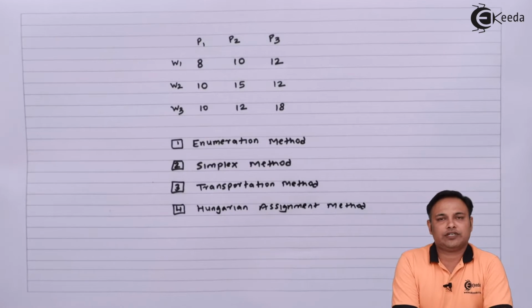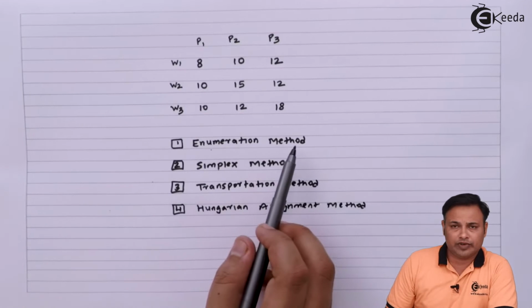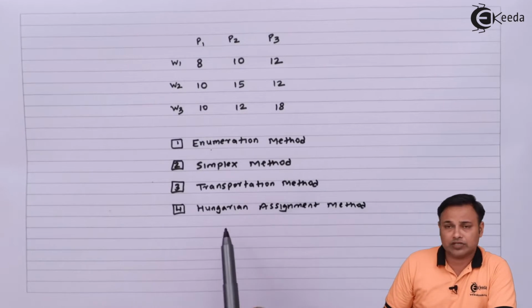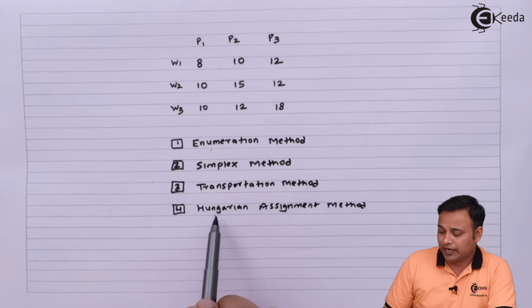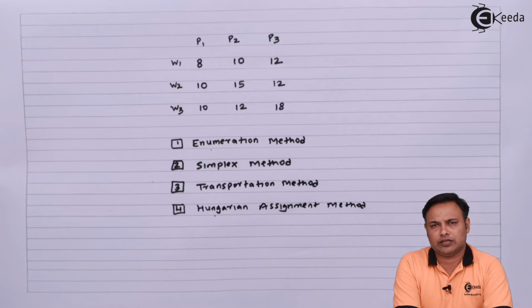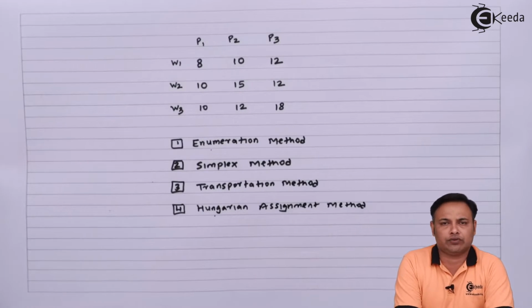So we have 4 methods: enumeration method, simplex method, transportation method and Hungarian assignment method. Now what are these methods basically? How will these methods work, that is the first part we have to see today.